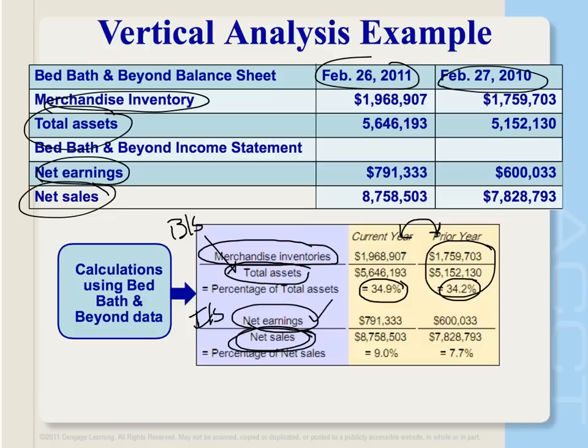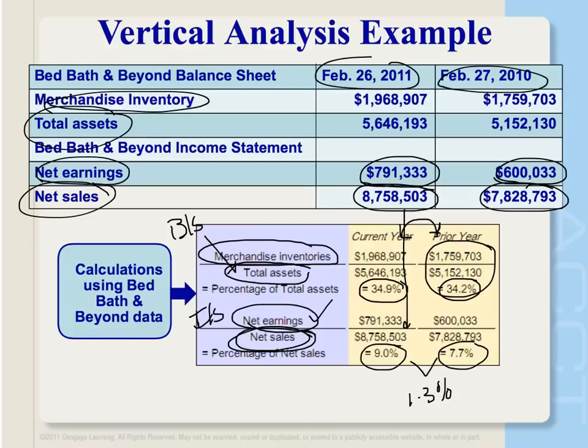In this case, if we take the $791 and we divide it by the net sales, we get 9%. If we take the $700 and we divide it by that, we get the 7.7. So you can see year over year, we increased about 1.3%. Still not a huge increase, but an increase nevertheless.